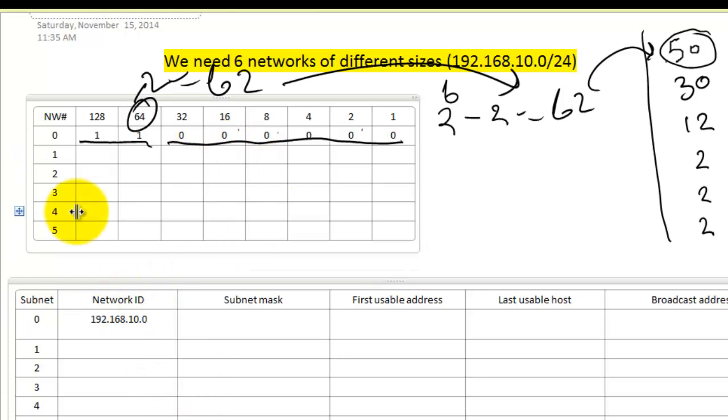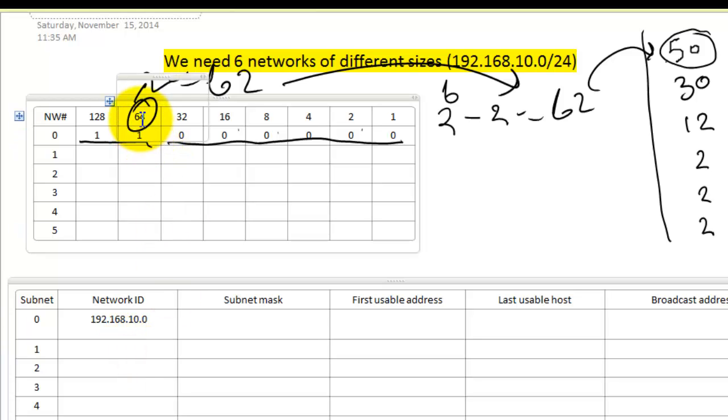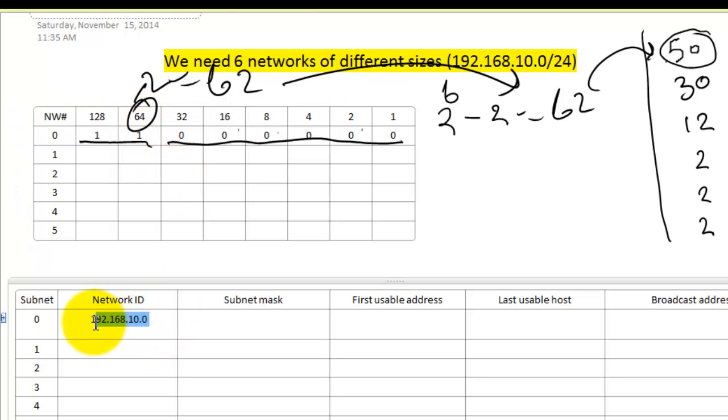Even in regular subnetting, you find the magic number and then do the increment. We start from 0, and then the next is the magic number, then plus, plus, plus. So here we start from 0, and the next network ID will be 64. This is the last one here, 64. Let me just copy this here.